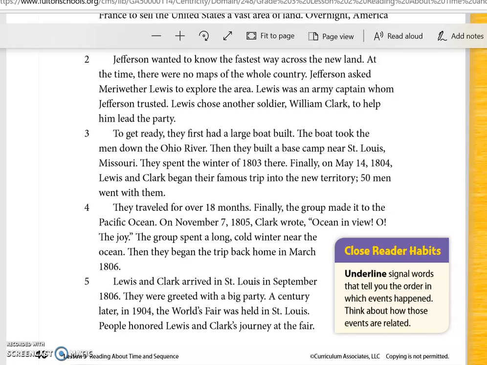A century later, underline a century later, in 1904, those are also signal words because they have dates. The World's Fair was held in St. Louis. People honored Lewis and Clark's journey at the fair.